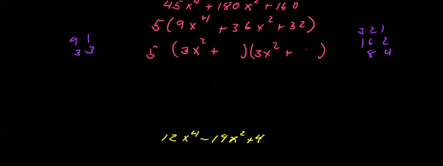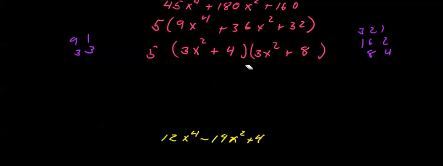And then we'll try 8 and 4. Looks like it might work. And when I do my double smiley, 12 and 24 is 36. We're good to go. Always check that double smiley.